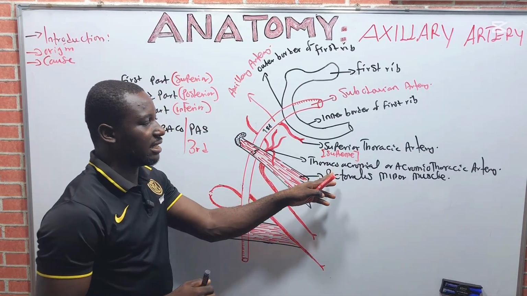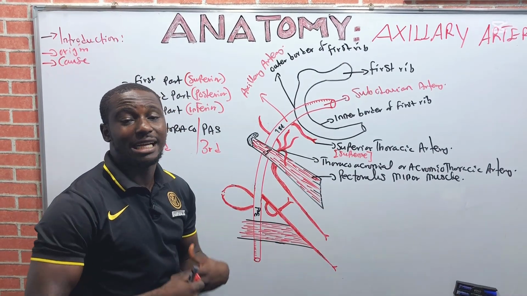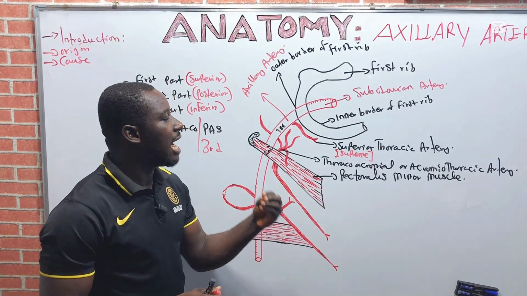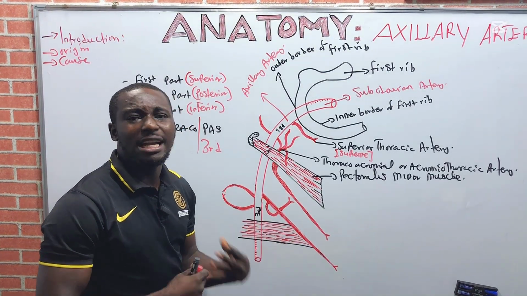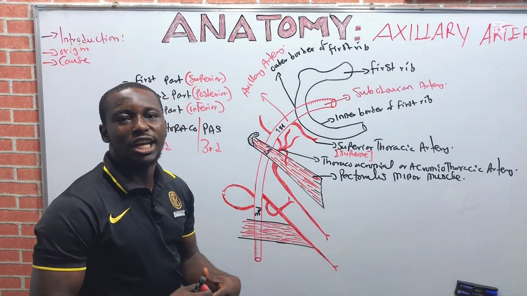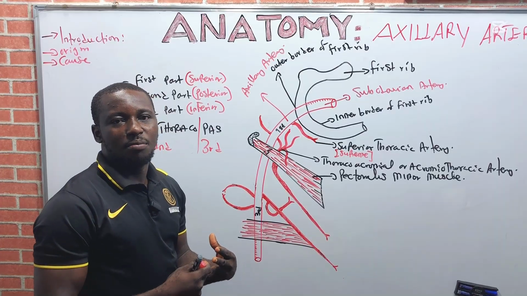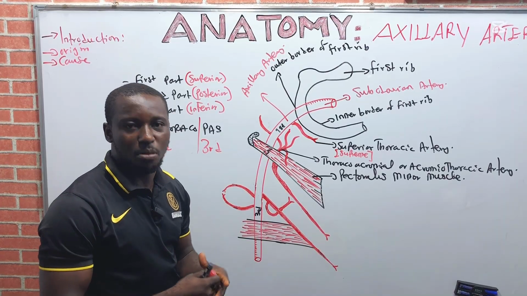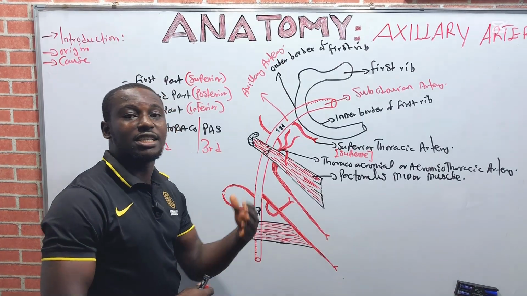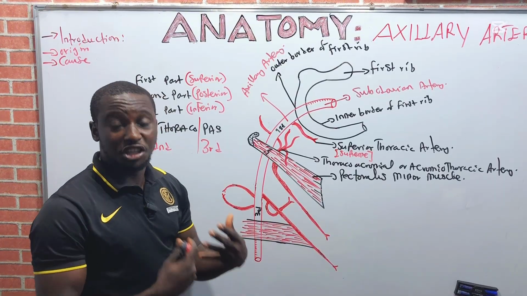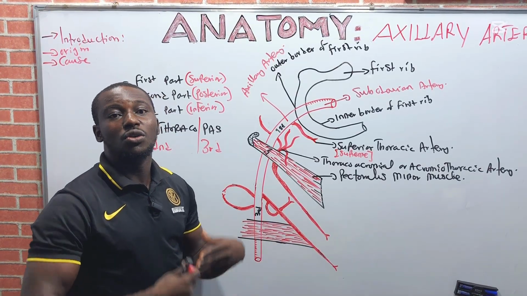This is the branch that is arising from the second part of the axillary artery. This thoracoacromial artery emerges along the upper border of the pectoralis minor muscle, where it pierces the clavipectoral fascia and bifurcates into 4 branches.